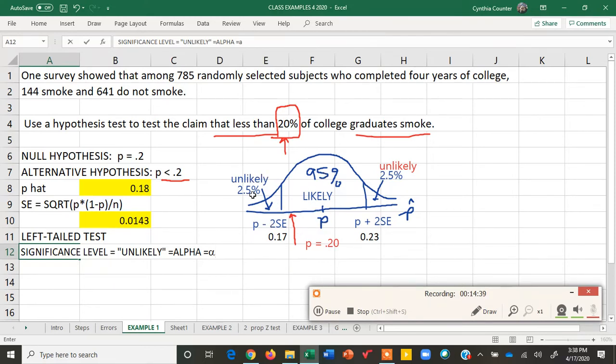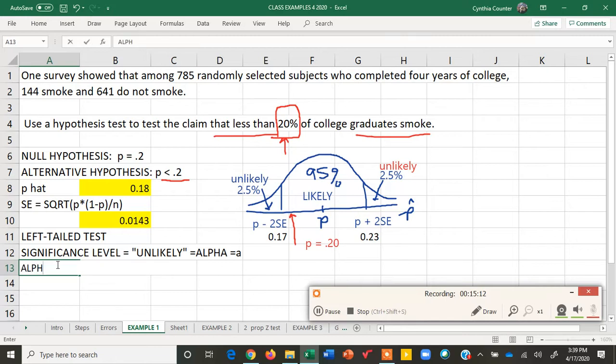So we will only reject this null hypothesis and support the alternative hypothesis if our value falls down here in the bottom 2.5% of the sampling distribution under the assumption that P is 20% and we're working with sample sizes of 785. So this then would be our significance level, or alpha. So that is our alpha for this problem.